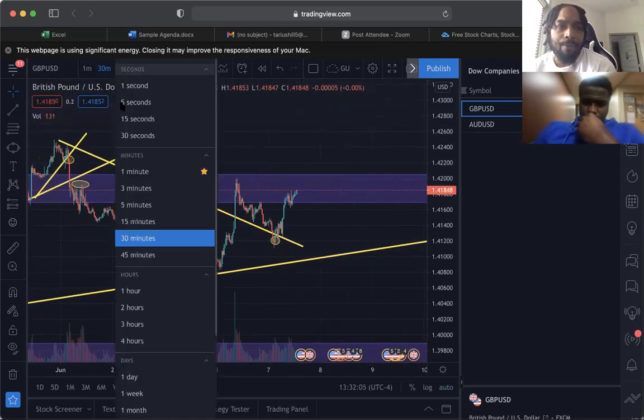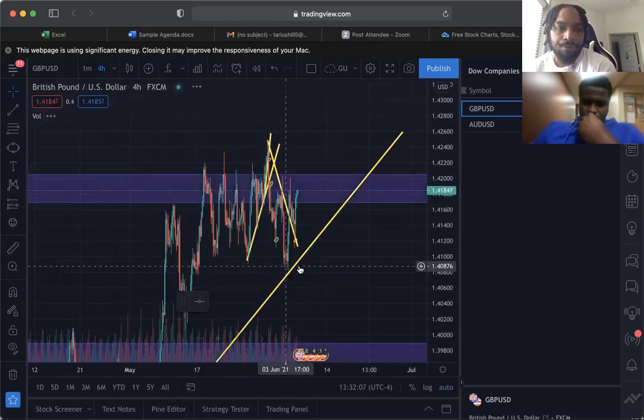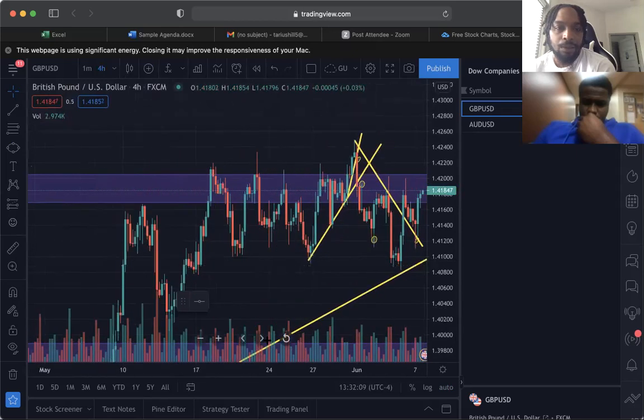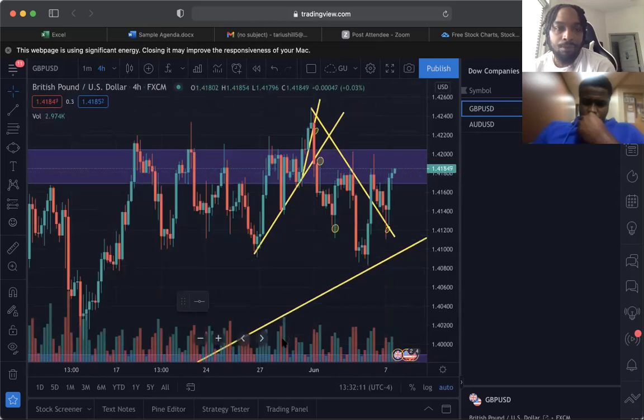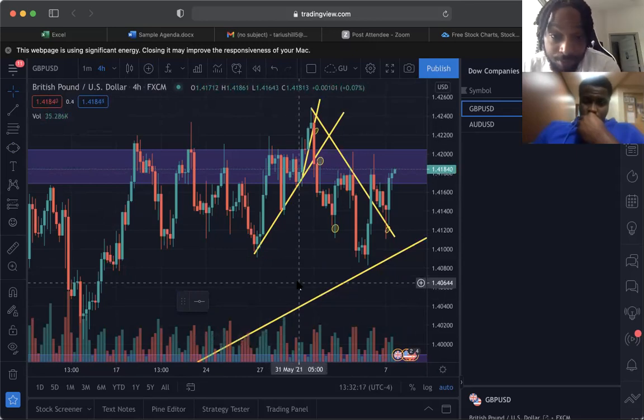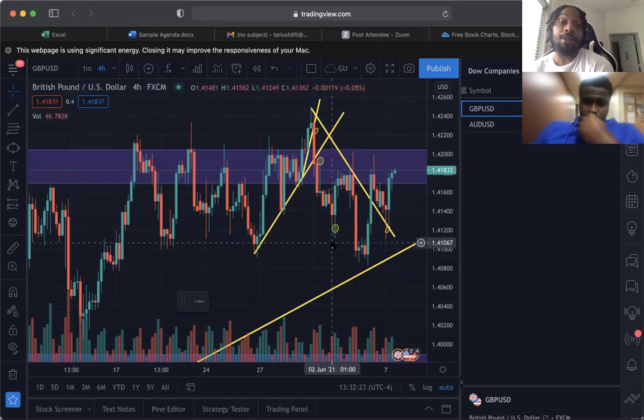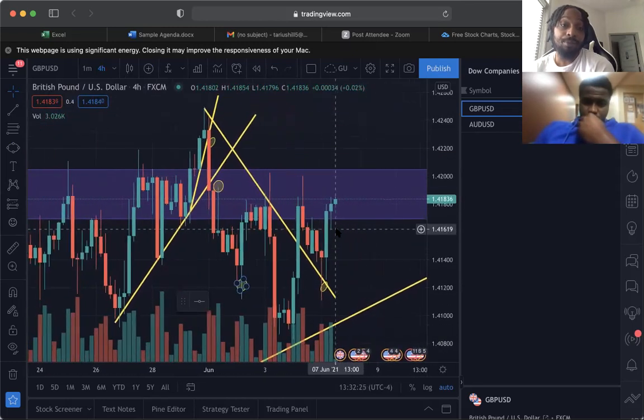Go to the 4 hour. It looks kind of bullish right now. But it hasn't broken out of that area in a while.